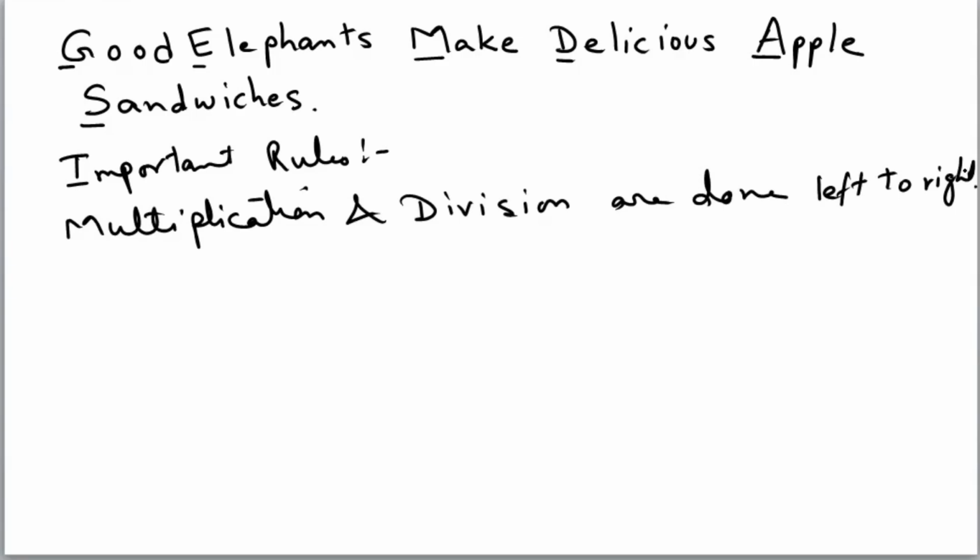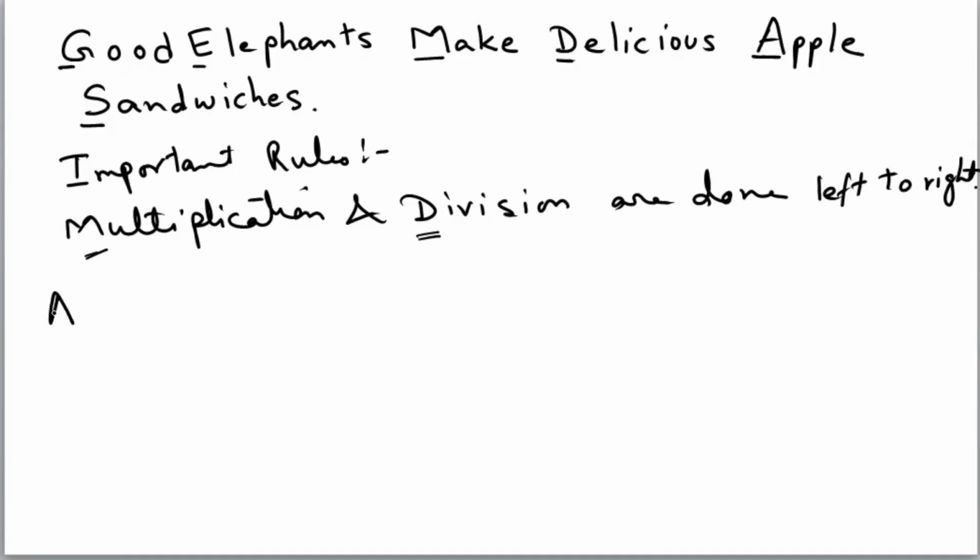It means that although GEMDAS says first we do multiplication then division, we have to solve multiplication and division from left to right. If in a problem division comes on the left side and multiplication comes on the right side, then we have to do the division first, then the multiplication. When we solve the questions, I will explain it.